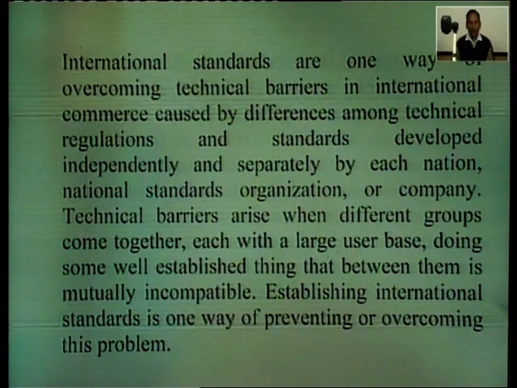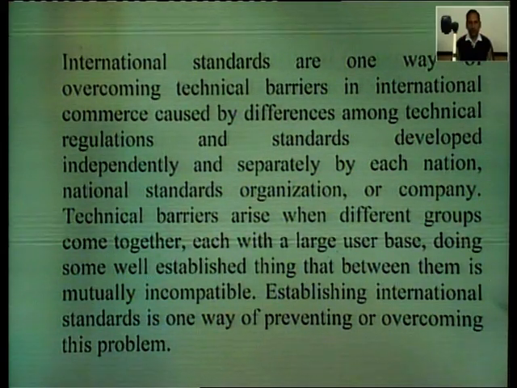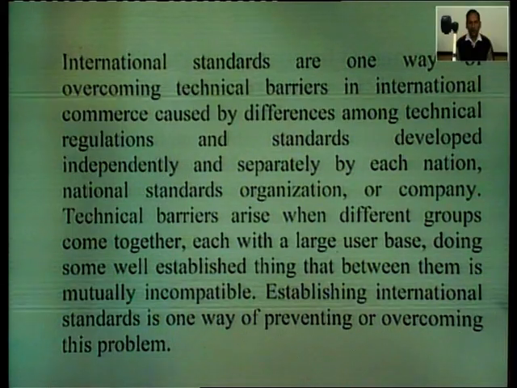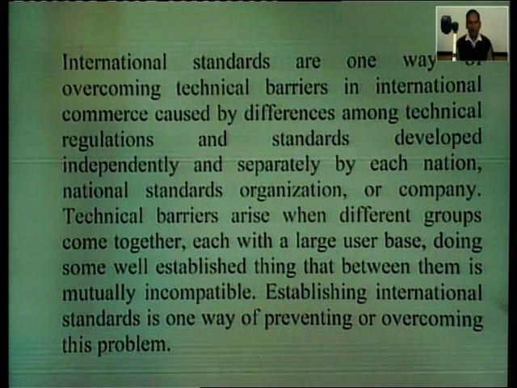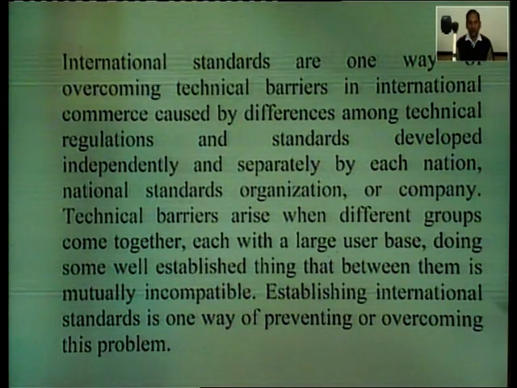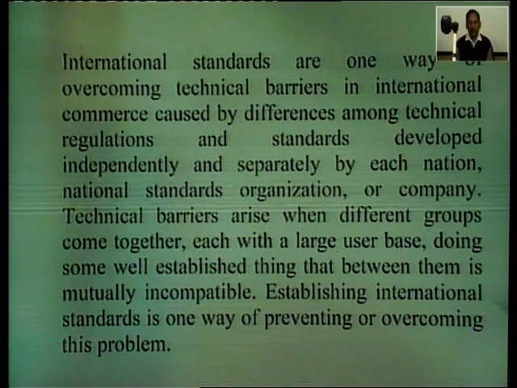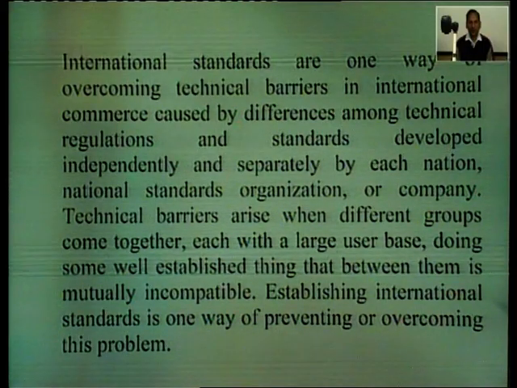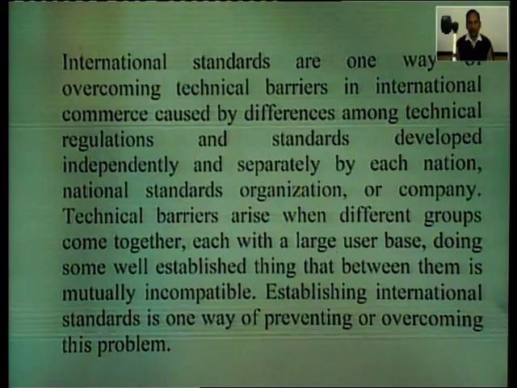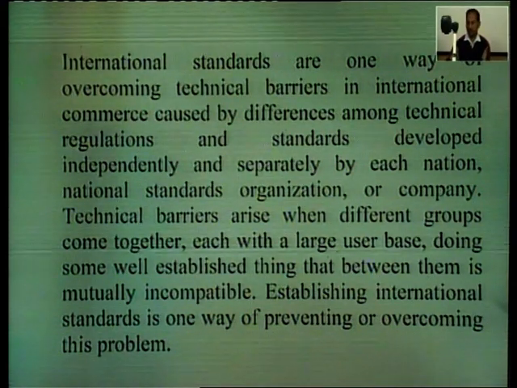Technical barriers arise when different groups come together, each with a large user base doing some well-established things that are mutually incompatible. Establishing international standards is one way of preventing or overcoming this problem.